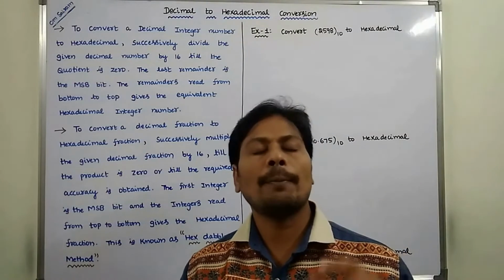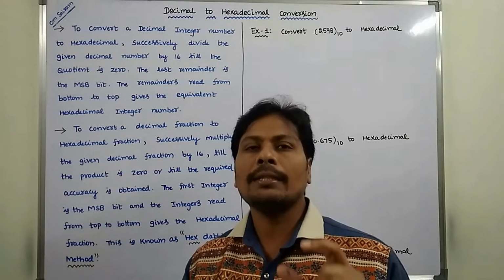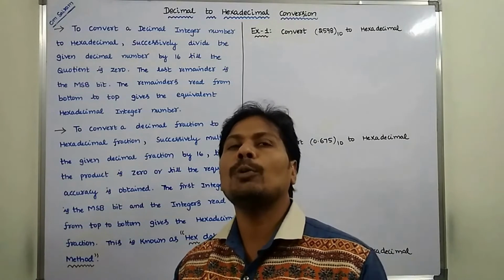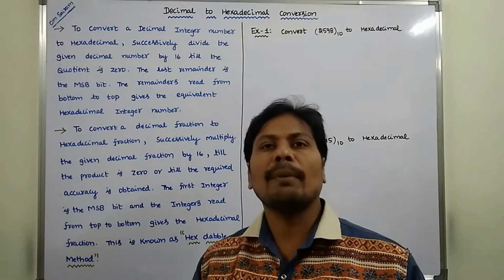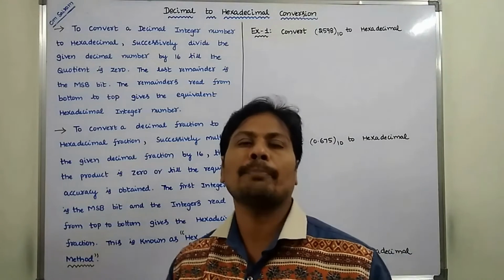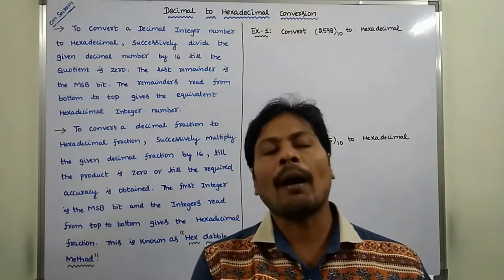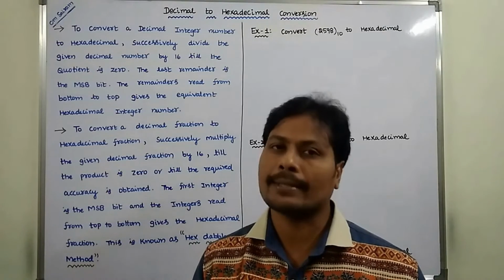Third type, suppose we are given a decimal number. To convert this decimal number into the equivalent hexadecimal number, that decimal number contains both an integer part and a fraction part. For the integer part, we have to use the successive division by 16 method.